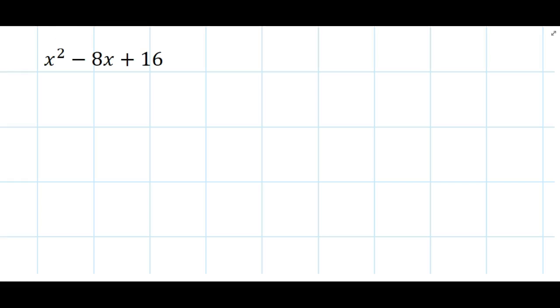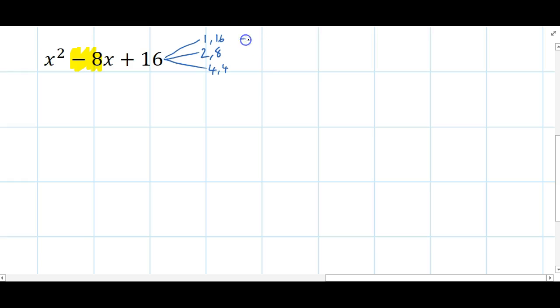This last one is similar to the other ones, but it ends up being a perfect square. We use the same technique. Think of factors of 16: 1 and 16, 2 and 8, 4 and 4. The last number is positive, so the signs will be the same, but we're looking for a negative sum, which tells you it's probably going to be the negative versions of these.